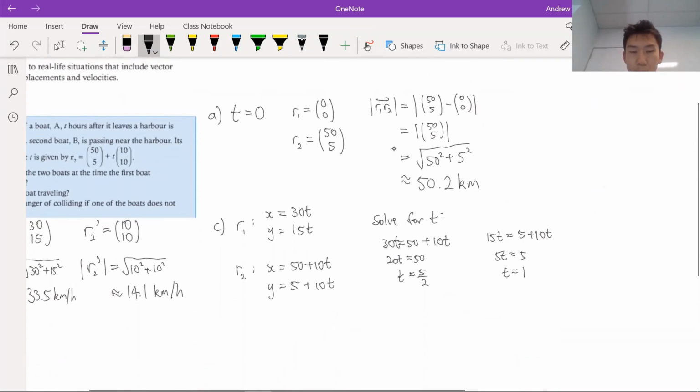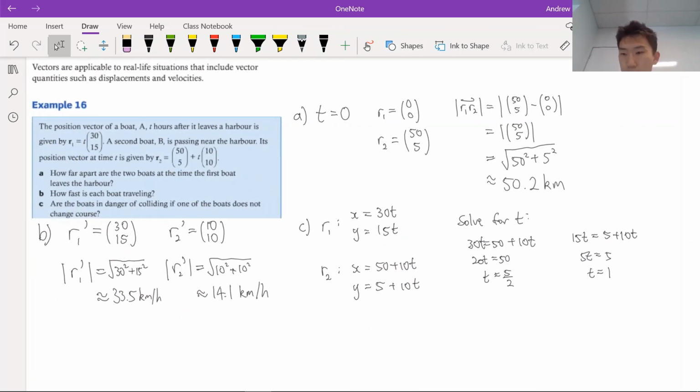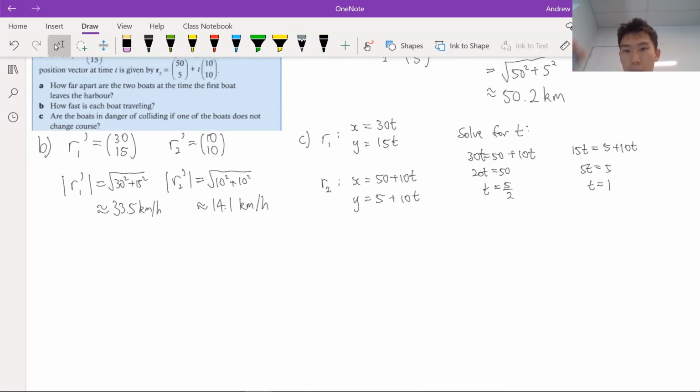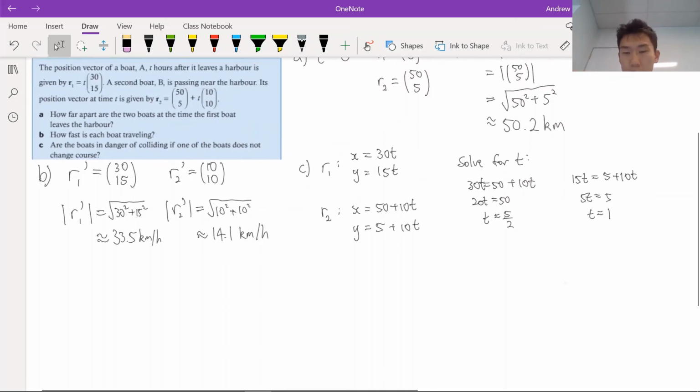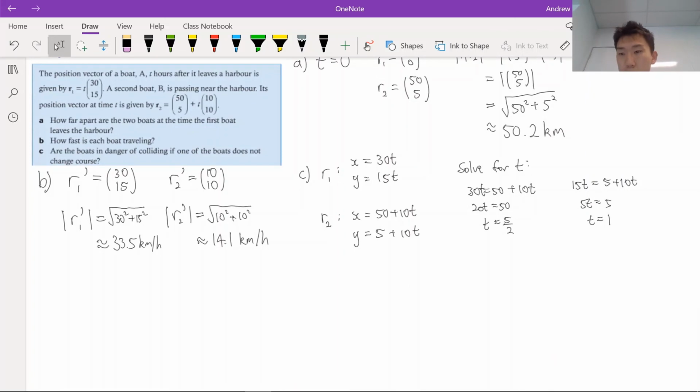Thinking back to example 15, the t values are not the same. So that means the variables or the parameters aren't consistent for both vector equations, which means that these two vectors, or these two boats, will not intersect.